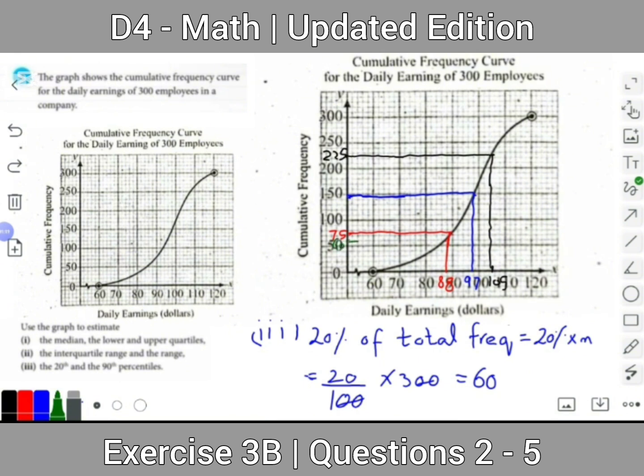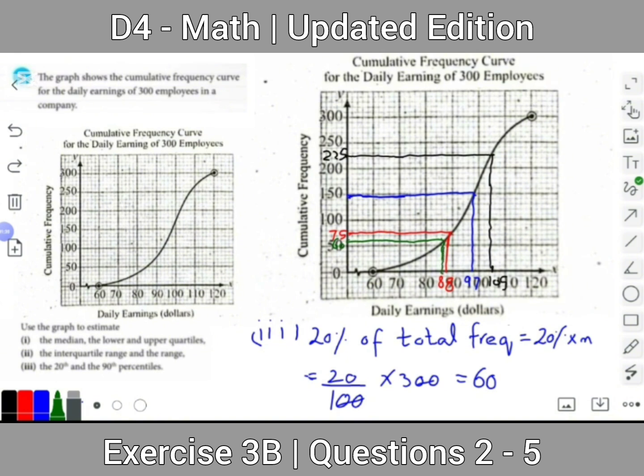So from 60 we will draw a horizontal line until it touches the curve. Now from the point of intersection on the curve, we will draw a vertical line until it touches the x-axis.